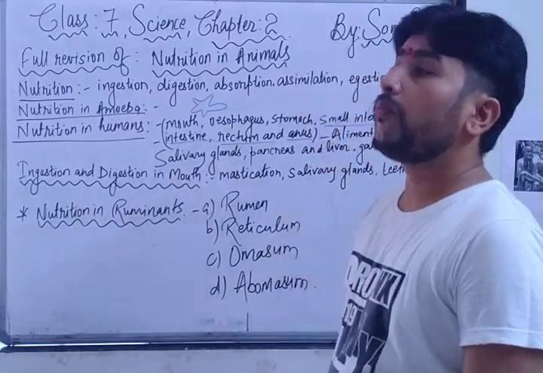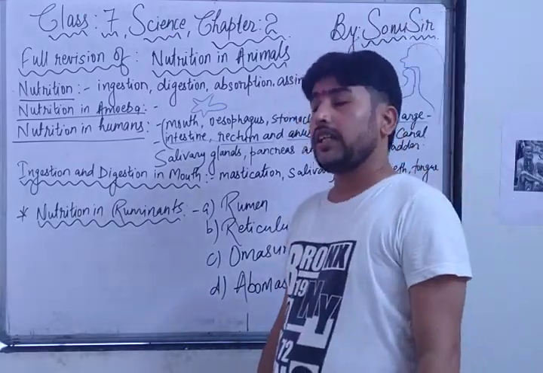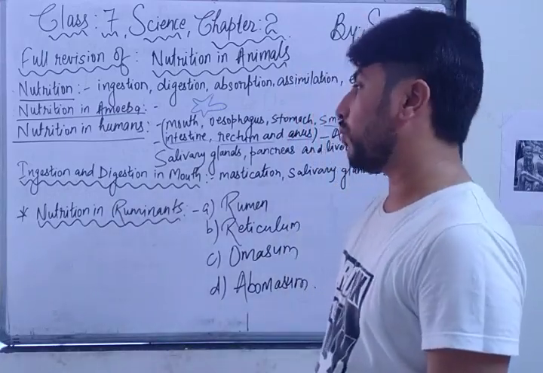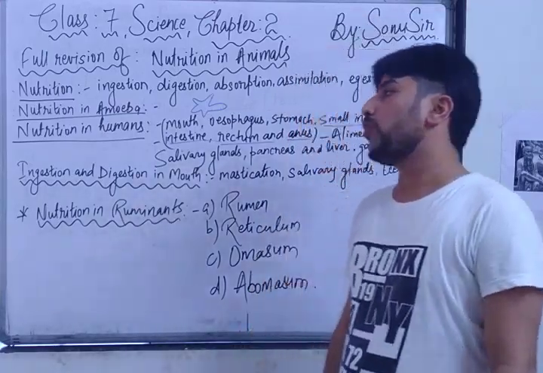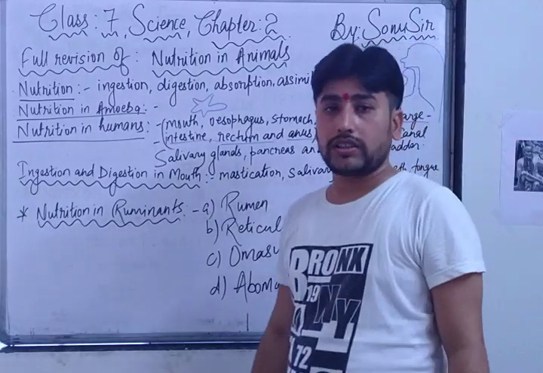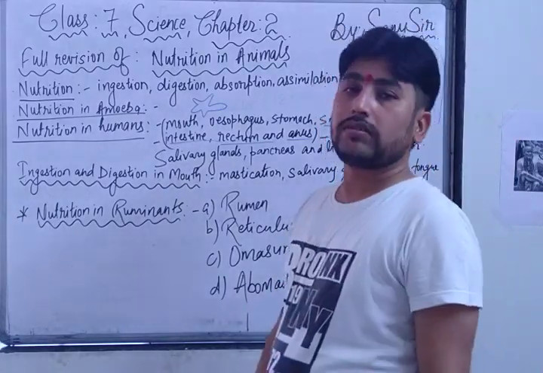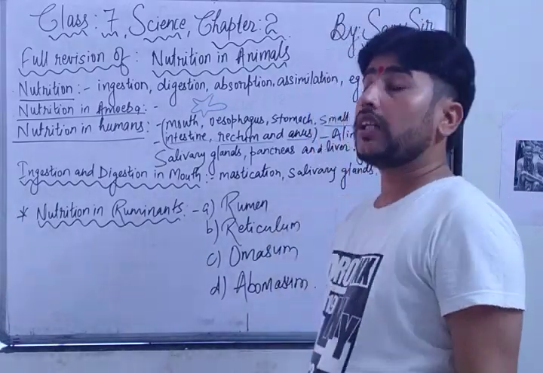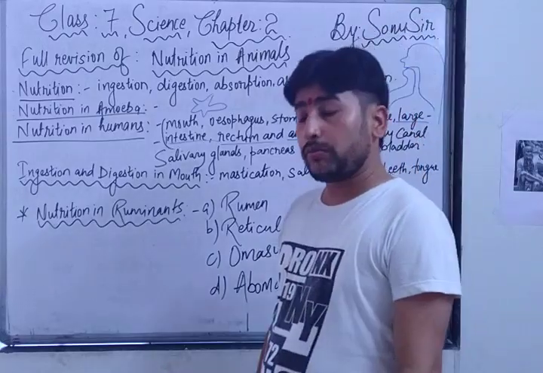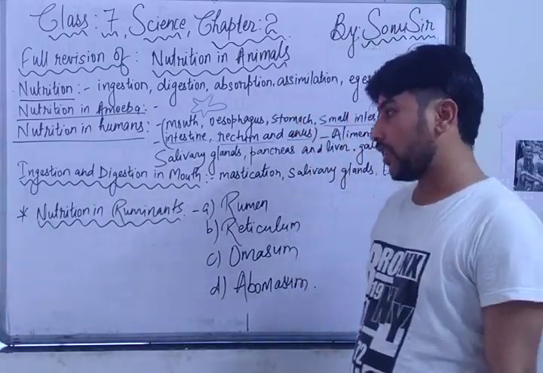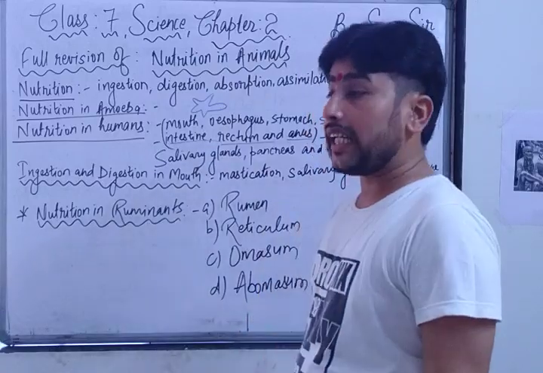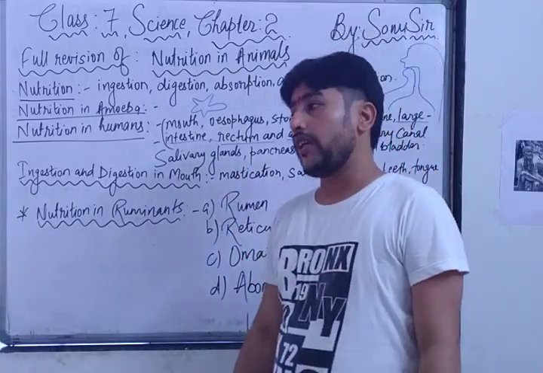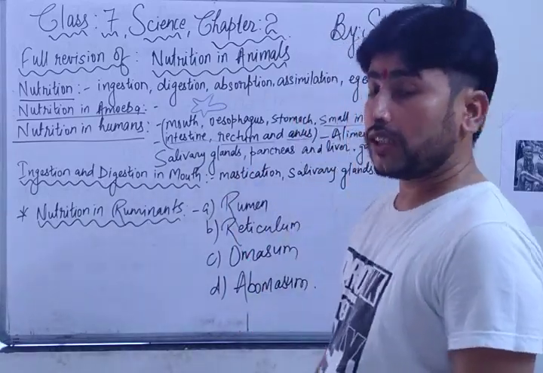Incisors, 4 up, 4 down, 8 teeth. And canines, 2 up, 2 down, 4 teeth. So 12 is molars, 8 is premolars, 12 plus 8, 20. 20 plus 8 incisors and 4 canines, so total 32.